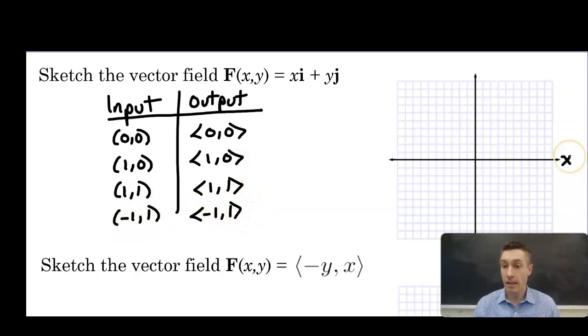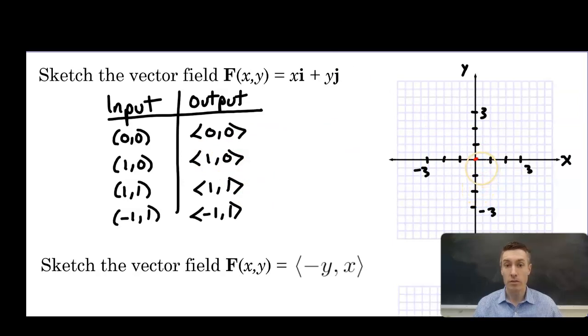So let's use this as a starting point, and maybe we'll fill in a few more vectors just to get a sense of what's happening in the vector field. Same scale as the last example, just to make things easier here for us. Okay, so 0, 0, that would just be the point there.